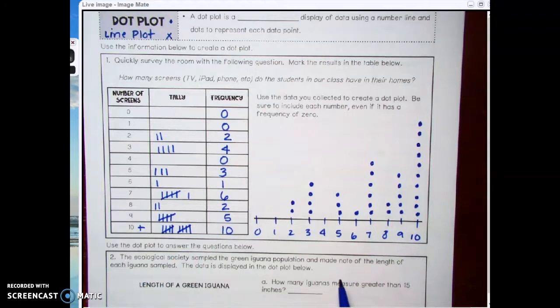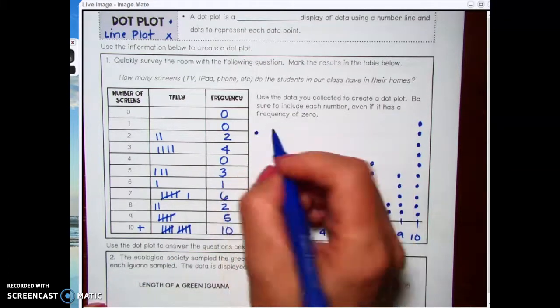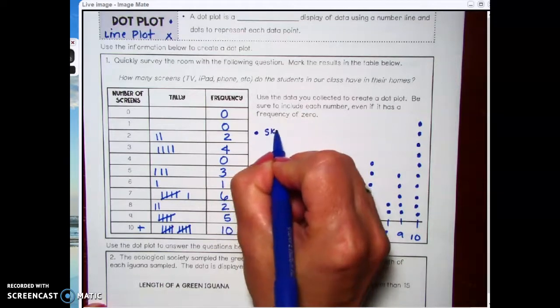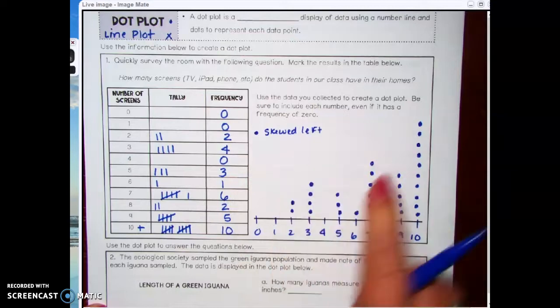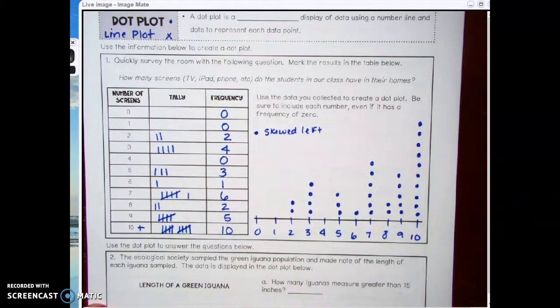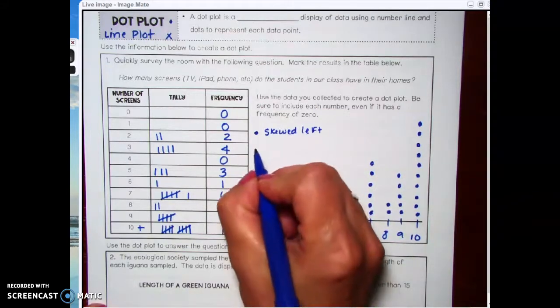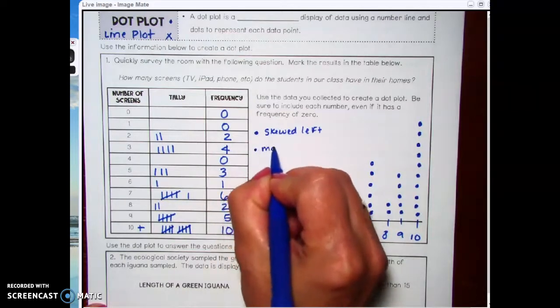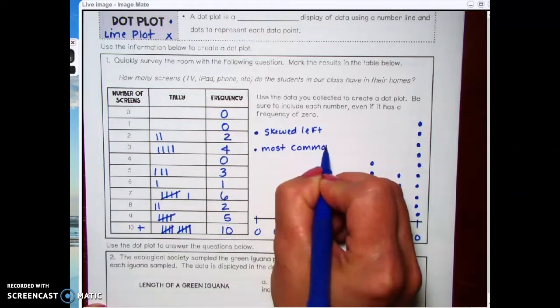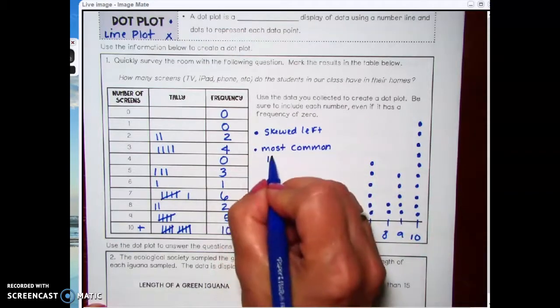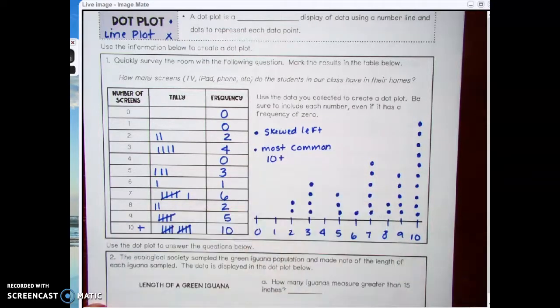Okay, so this tells me a couple of things. Number one, my data is skewed left because most of it is on the right. The most common number of screens is 10, and I'll even put the plus sign in.